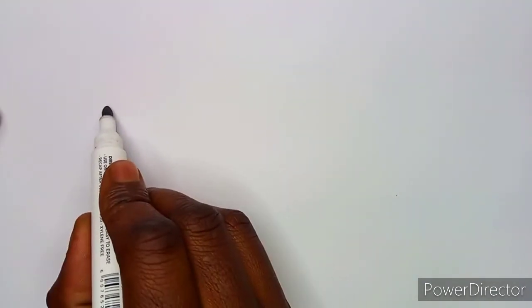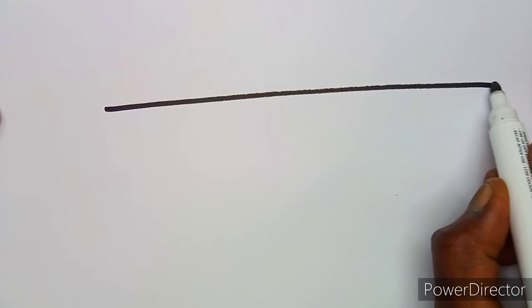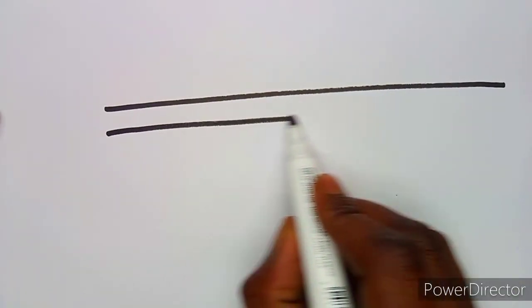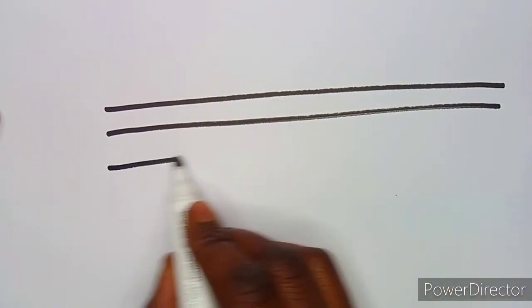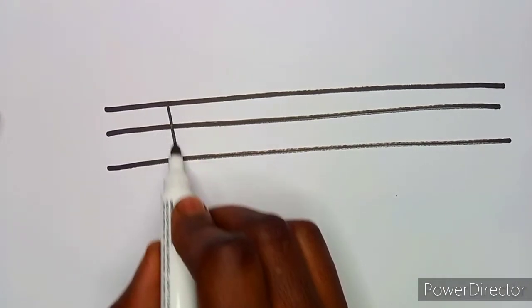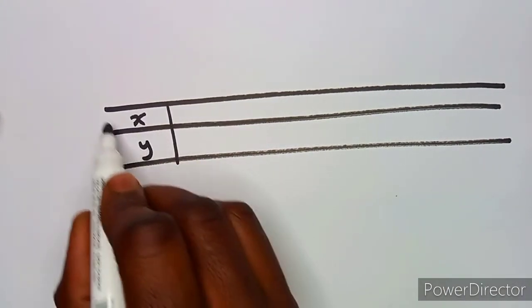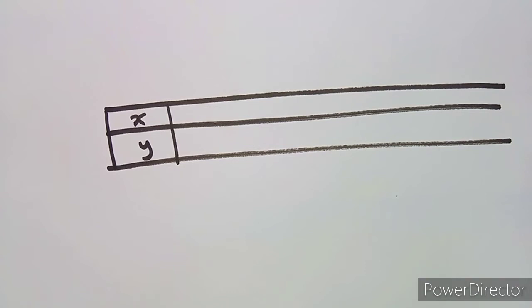All right, where did I put my ruler? Here. Okay, so I'm just gonna draw this table. I don't know where I actually put this ruler, guys. But anyways, that was the case. Like x and y like this. This is where you're going to have your table.